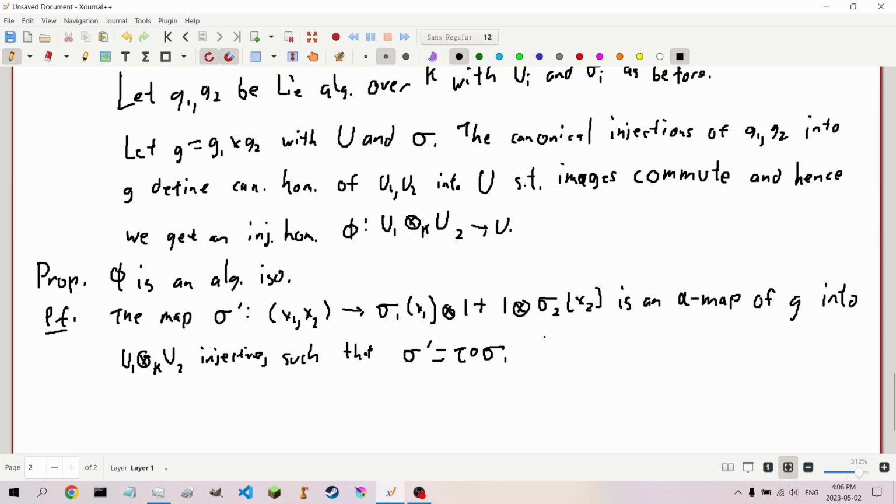And just a reminder that tau is the unique injective homomorphism from U into the tensor product, as it was before.